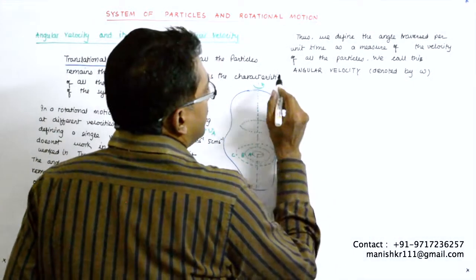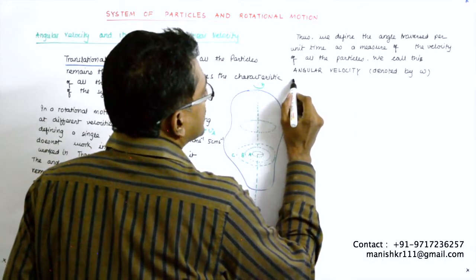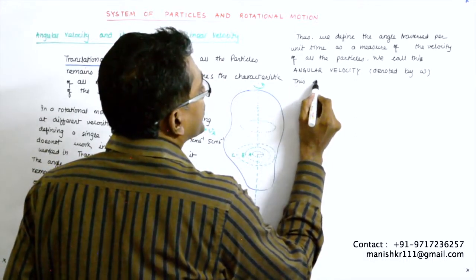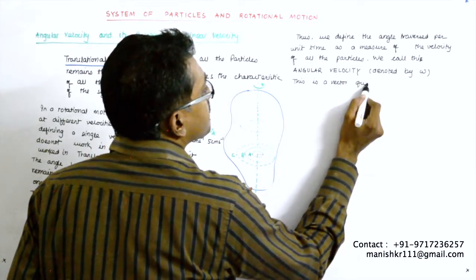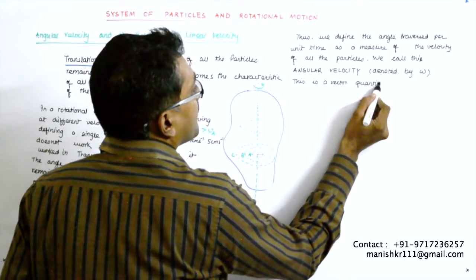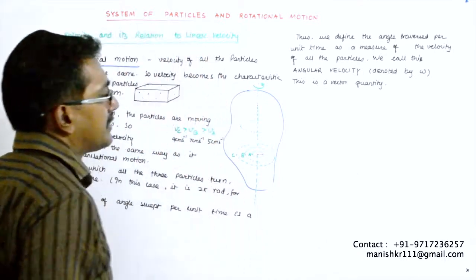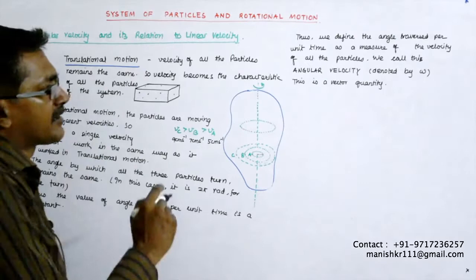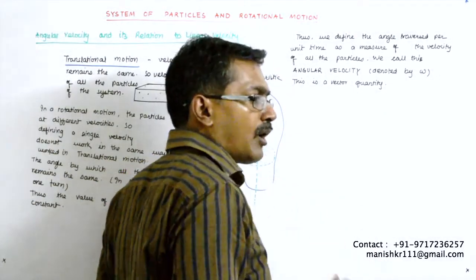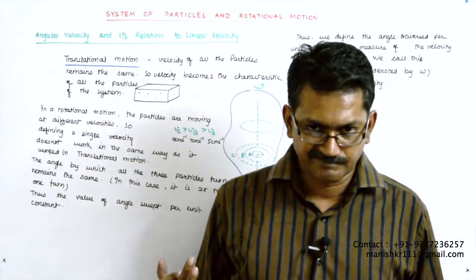Now, this is a vector quantity. This has to be a vector quantity. You understand? And there comes a trouble. What is that trouble? If it is a vector quantity, what should be its direction?